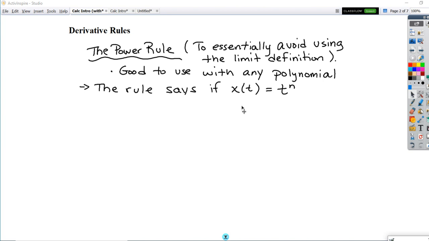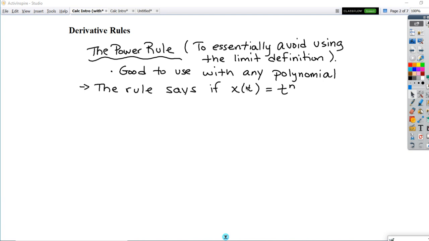All right, so let's take a very general example. My function x of t equals t to the power n, where n can be any value except for 0. Because if it's 0, then the function is 1, and we already know that the slope of a number, the number doesn't change, and so therefore the slope must be 0.